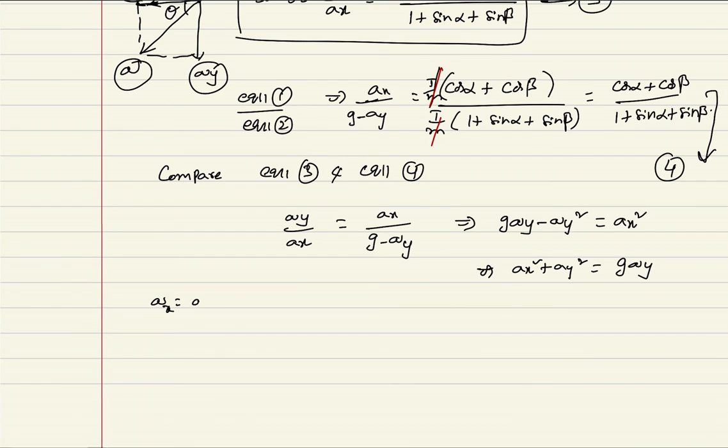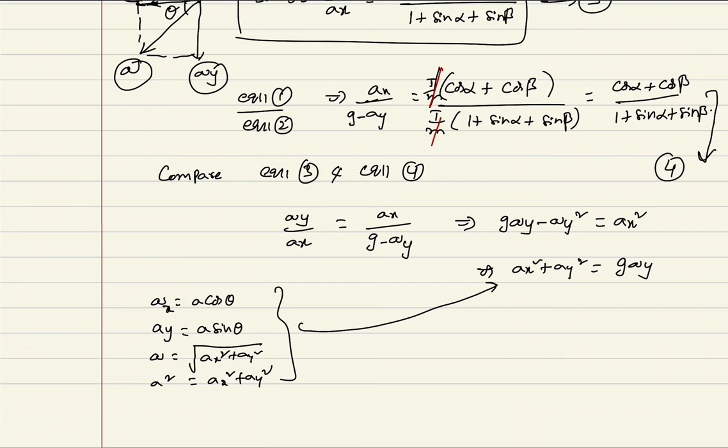So I can write ax is equal to a cos theta. Similarly, ay is equal to a sin theta, and a is equal to under root of ax square plus ay square. I can write this as a square is equal to ax square plus ay square. Now substitute all these values here.